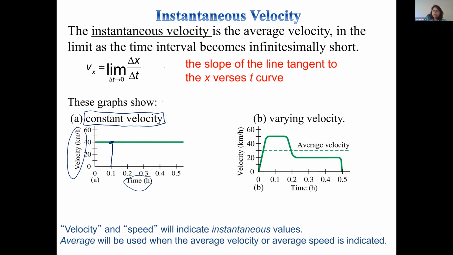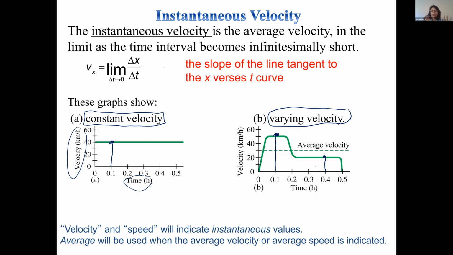But if you go to the right graph, this has a change in velocity. When you have a change in velocity, you can see at 0.1 I have a velocity around 50, but when you go to 0.4 hour, I have a velocity around 20. Those are instantaneous velocities. In that case, my average velocity is different from the instantaneous velocity that I have at different instants.